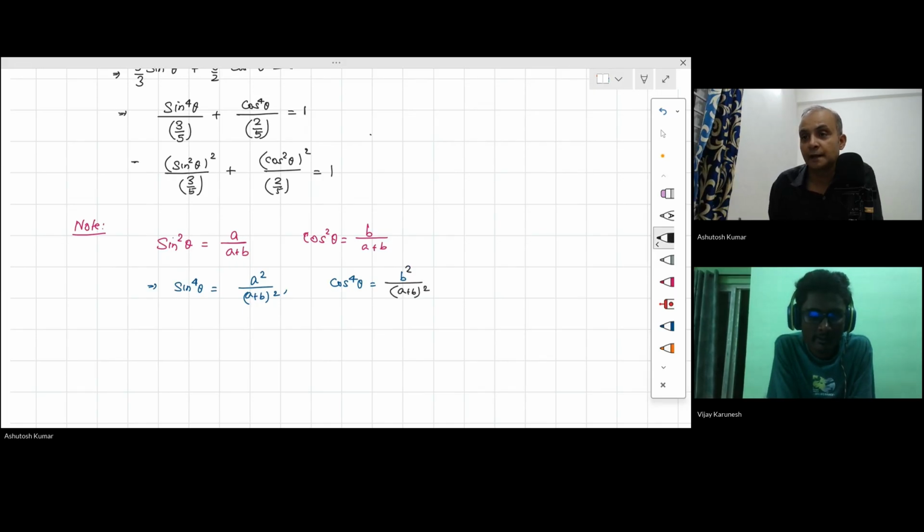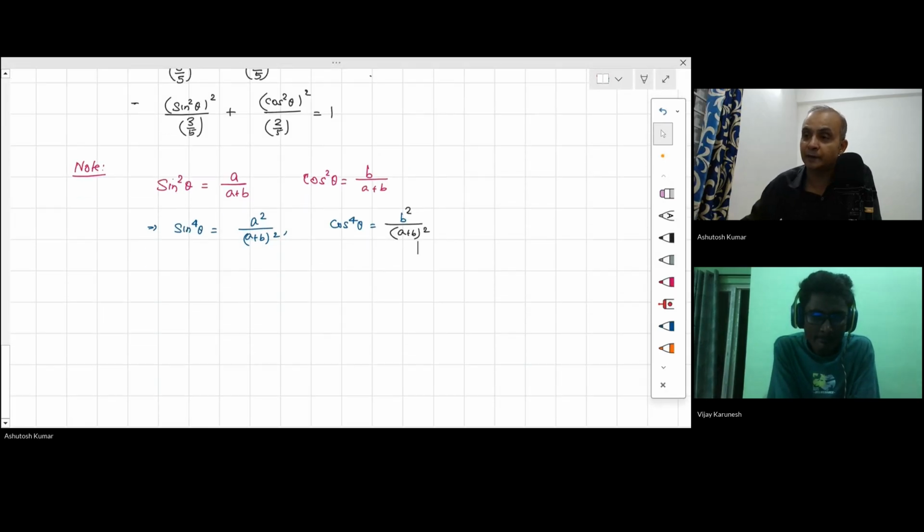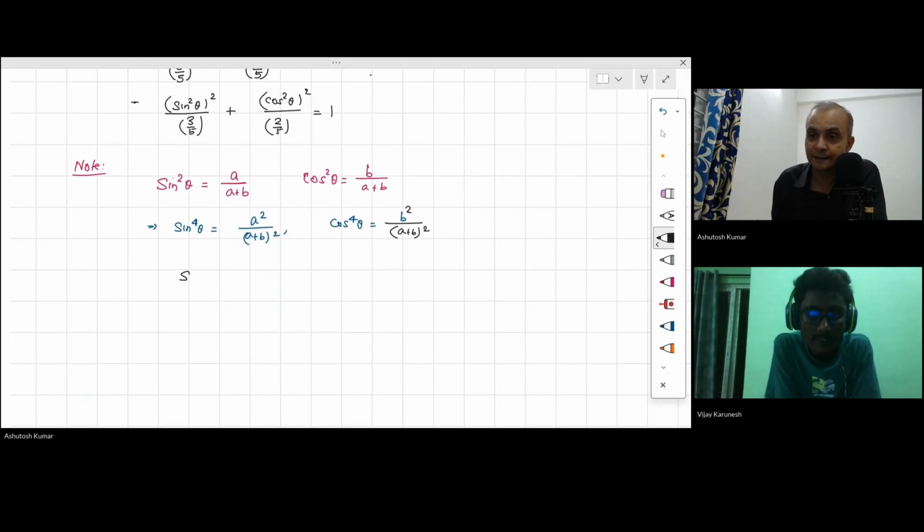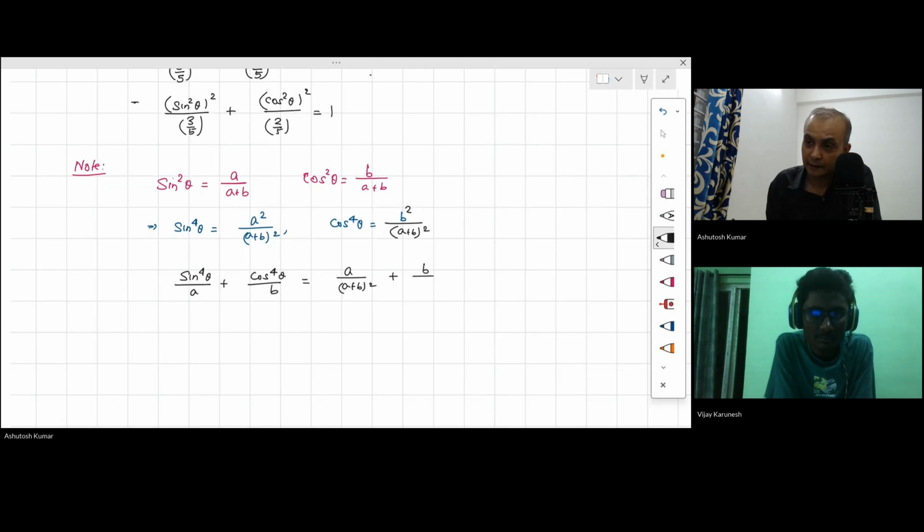Now notice what is going to happen. Sine to the power 4 theta by a plus cos to the power 4 theta by b: when you do this, here we get a by a plus b the whole square plus b by a plus b the whole square, and when you do the sum, you get 1 by a plus b.